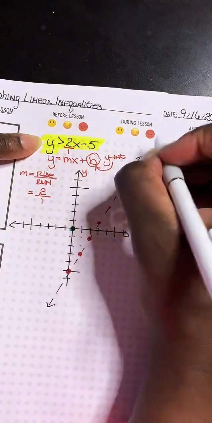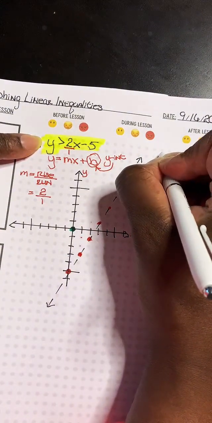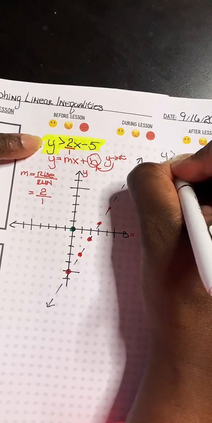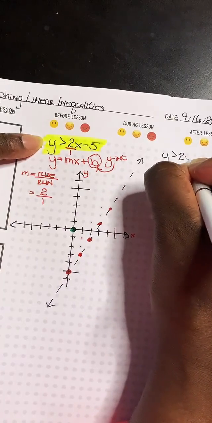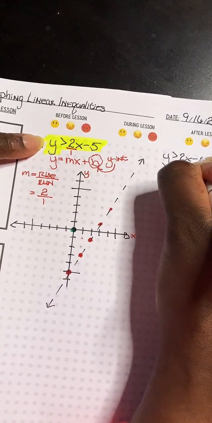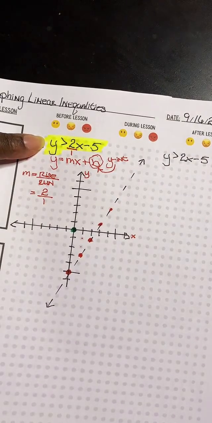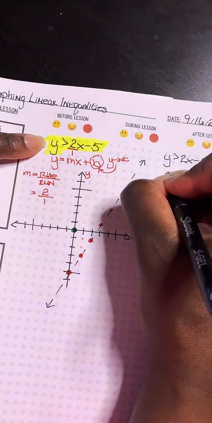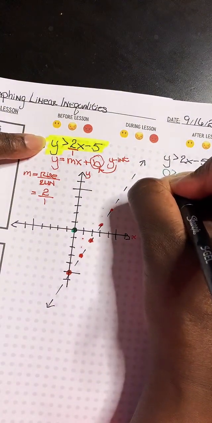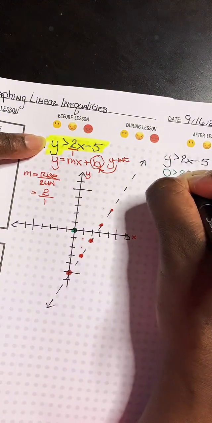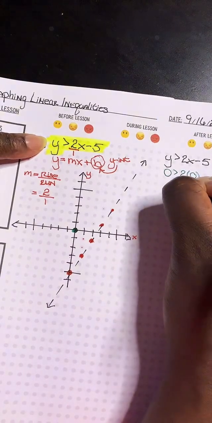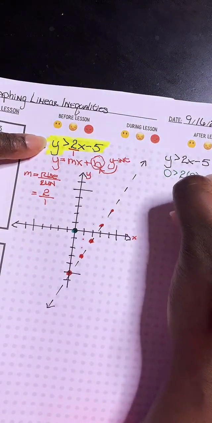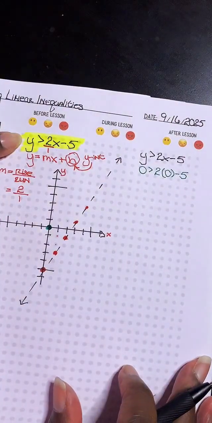I'm going to rewrite it: y is greater than 2 times x minus 5. And we're going to substitute 0 for the y, and we're going to substitute 0 for the x to see if we're going to get a true statement.